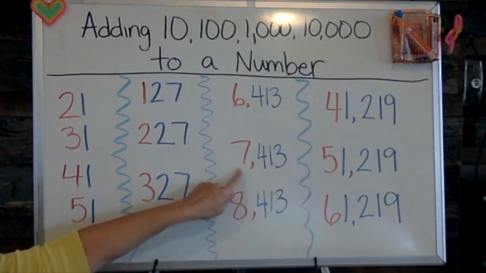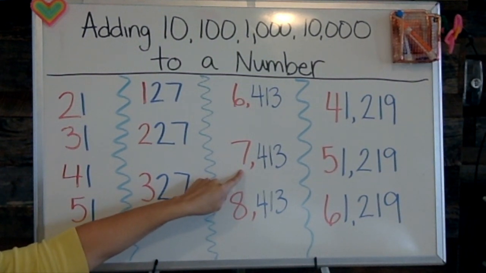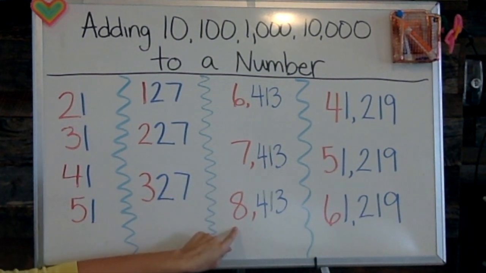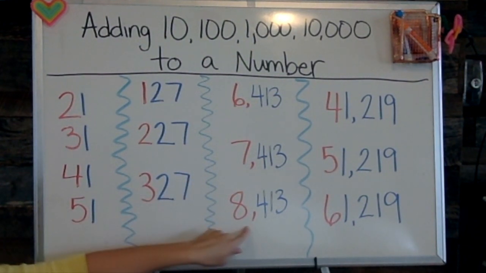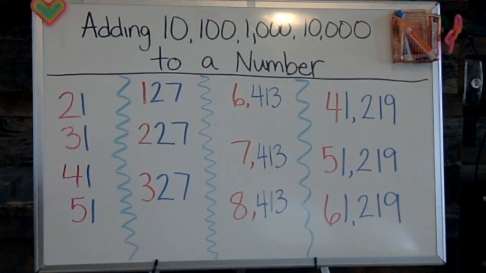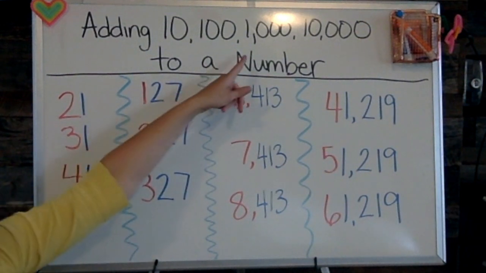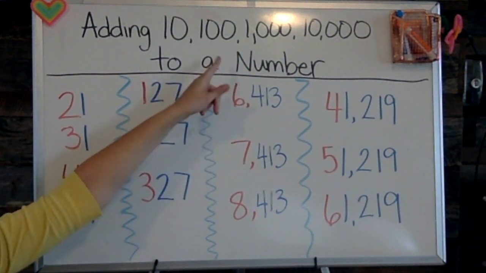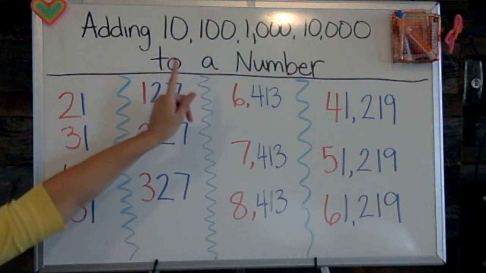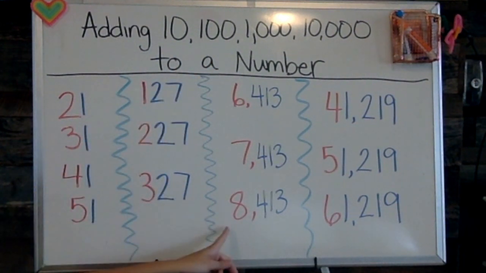You're going to go to your thousands place, and then you're going to count up 1, write it down, 8. Okay, 1 more than 7 is 8, and then the rest of the number stays the same. Okay, because they're just asking you to add up 1,000. Okay, we know that 1,000 is 1 and a bunch of zeros, so nothing in the back is changing. It's just the number in the thousands place that's going up by 1.